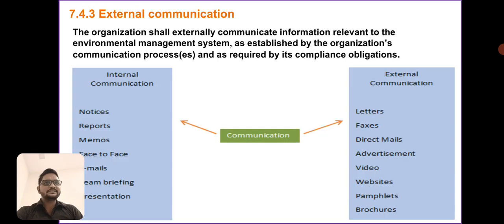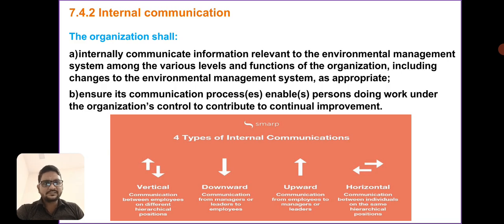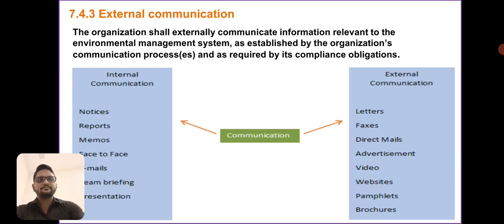Now next is 7.4.3, that is external communication. Like internal communication, which flows vertically, downwards, upwards, and horizontally within the departments, within the processes. External communication: the organization shall externally communicate information relevant to the environmental management system as appropriate, as established by the organization's communication processes and as required by the compliance obligations.